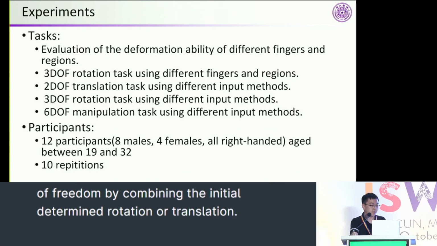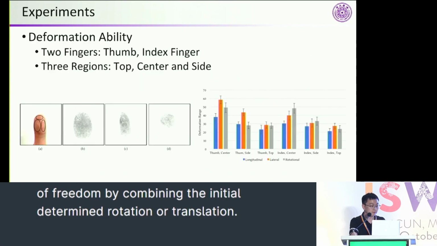We conducted a finger deformation experiment and 4 3D object docking tasks to evaluate the feasibility and performance of PrintShear. We recruited 12 participants to complete the experiment. The deformation ranges for each finger and different regions in all 3 directions are shown here.